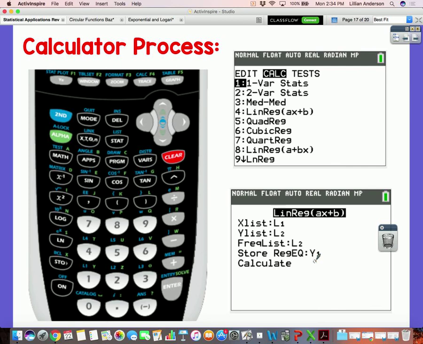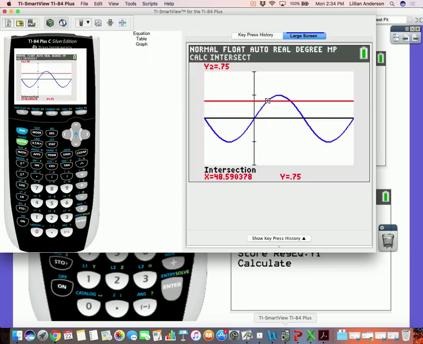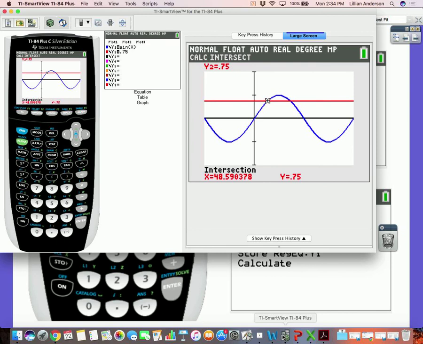Maybe I did. Maybe that was another class. How do you go to store your regression? You go to, no, not catalog. Good. You go to vars. Everyone click on their vars. Then you go to Y vars.